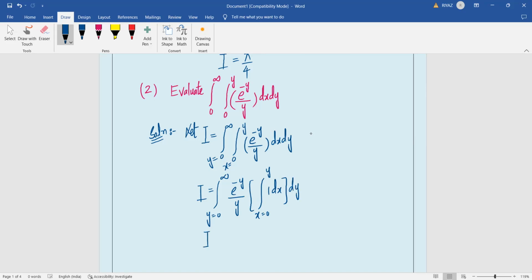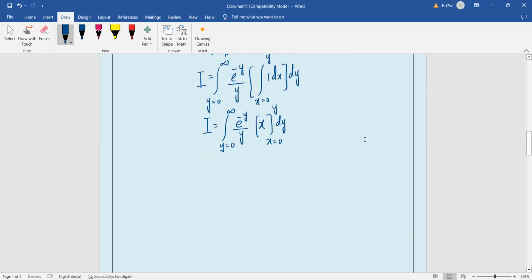So I is equal to integral y is equal to 0 to infinity, e power minus y divided by y as it is, and 1 dx is x, with limits x is equal to 0 to y, and then dy. Now the rule is upper limit minus lower limit. The upper limit, in place of x we have to put y.